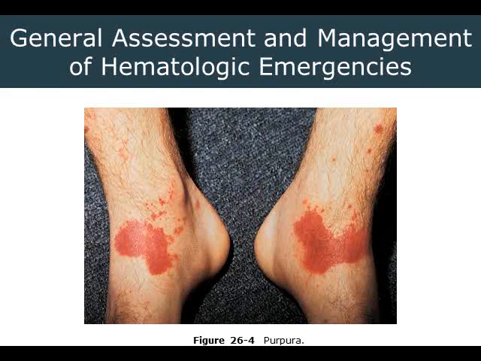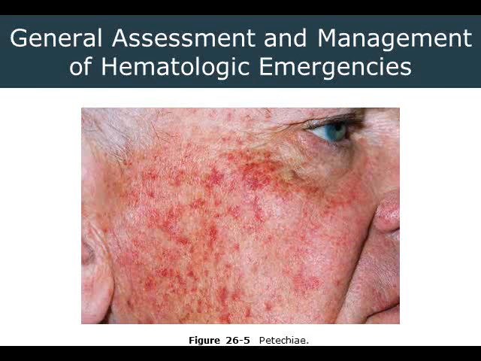Whereas petechiae, which we see on this next slide here, is a very fine rash, more or less. It's not technically a rash. What it actually is, is burst capillaries, and all these little itty-bitty tiny bleeds in the skin. Purpura, in most cases, tends to lead you down a path of an infectious disease.